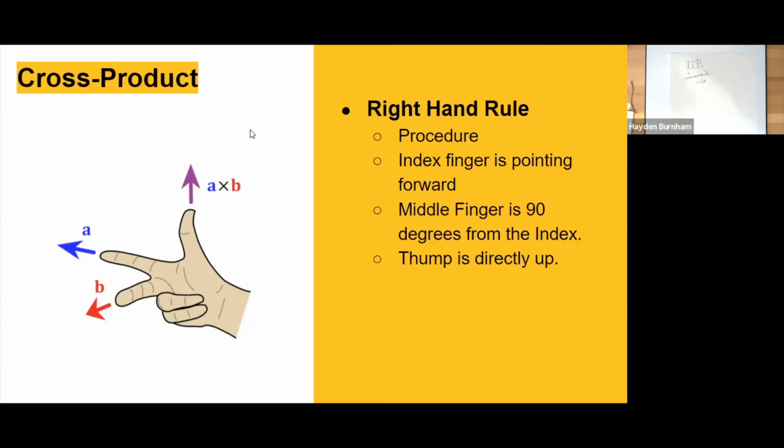You take your right hand and you make it so your index finger and your middle finger are 90 degrees apart from each other, and your thumb is 90 degrees apart from both of them. You use your index finger to represent the first vector, and then you use your middle finger to represent the second vector. And then your thumb will be pointing in the direction of the cross product.